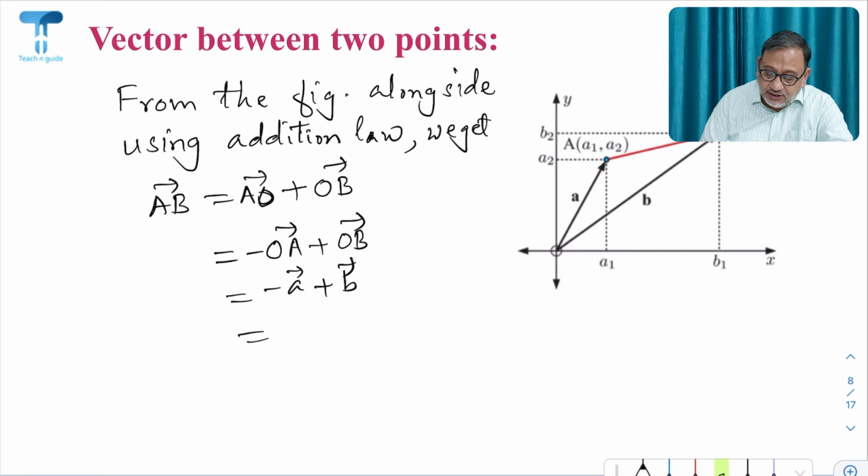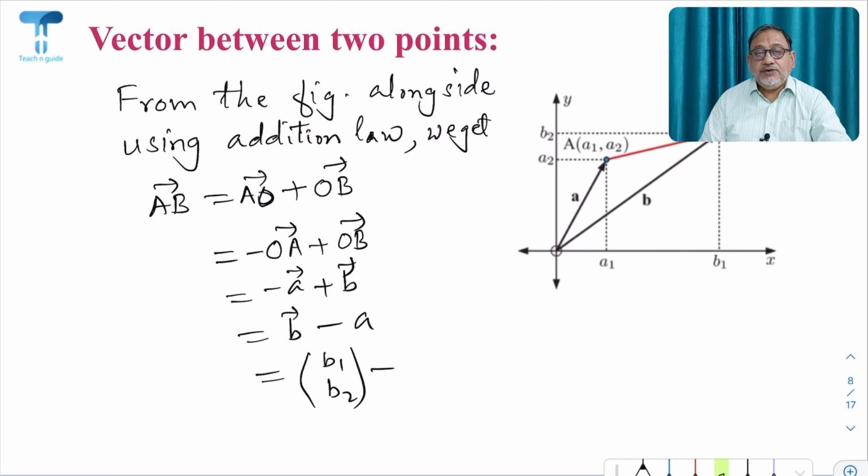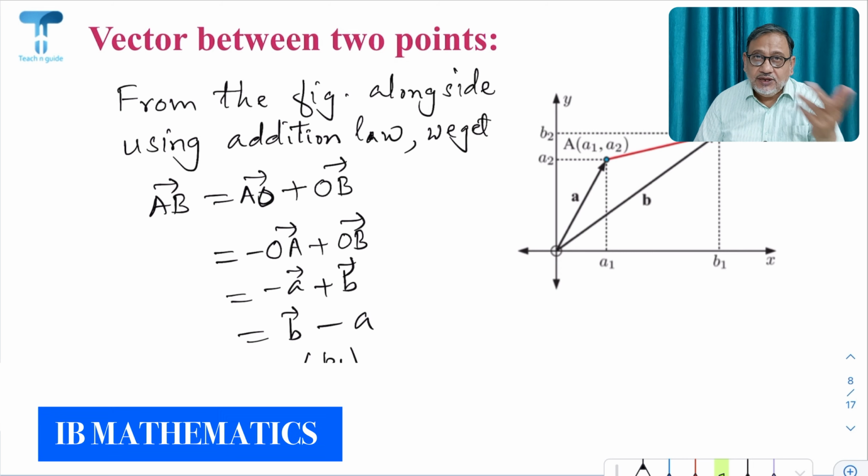So this I can write as B minus A, and the components of vector B are B1, B2. So I can write it in component form B1, B2. I hope you understand. The coordinates can be converted to the component form provided your initial point is origin. Not in any other case.